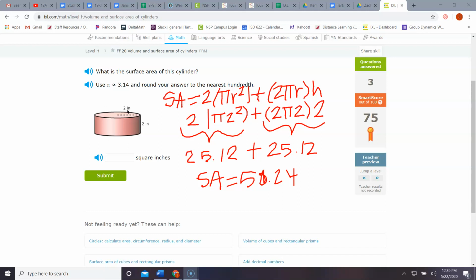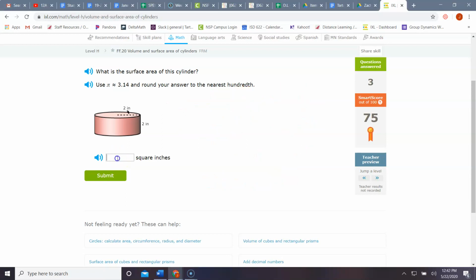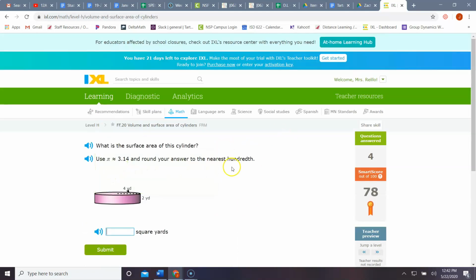So the nice thing is here, everywhere we've got a variable is where we plug in a 2 because our height is 2 and our radius is 2. So when we do that, we actually end up with 25.12 plus 25.12 for a surface area of 50.24. So let's go ahead and put that in. And there you have it.